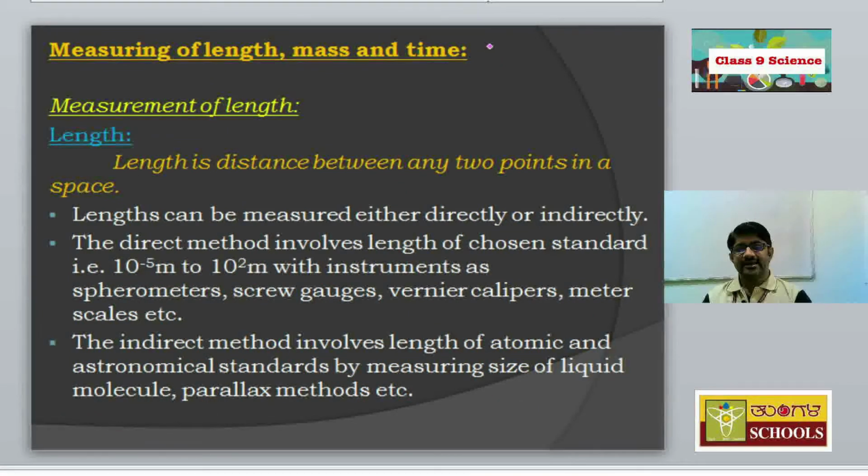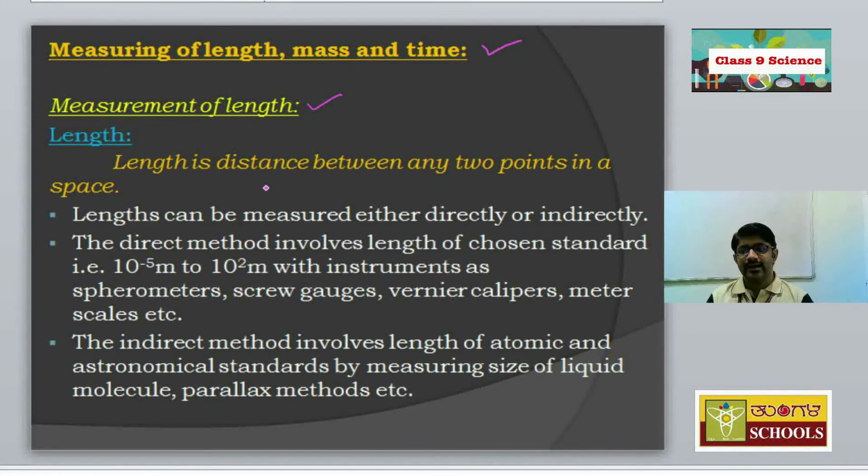Dear students, let us move to the next part, that is measuring of length, mass and time. First we need to understand the measurement of length. Length is the distance between any 2 points in space.